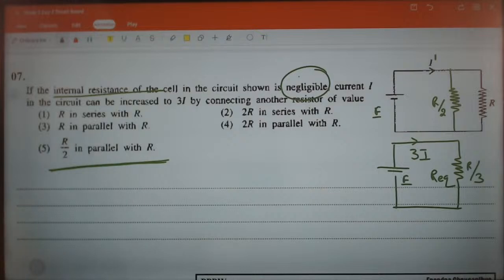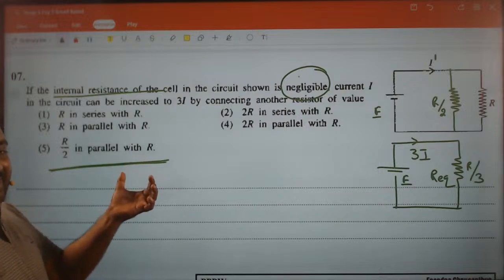To increase the current by 3 times, the effective resistance must reduce by 3 times. So we can easily find the relationship.